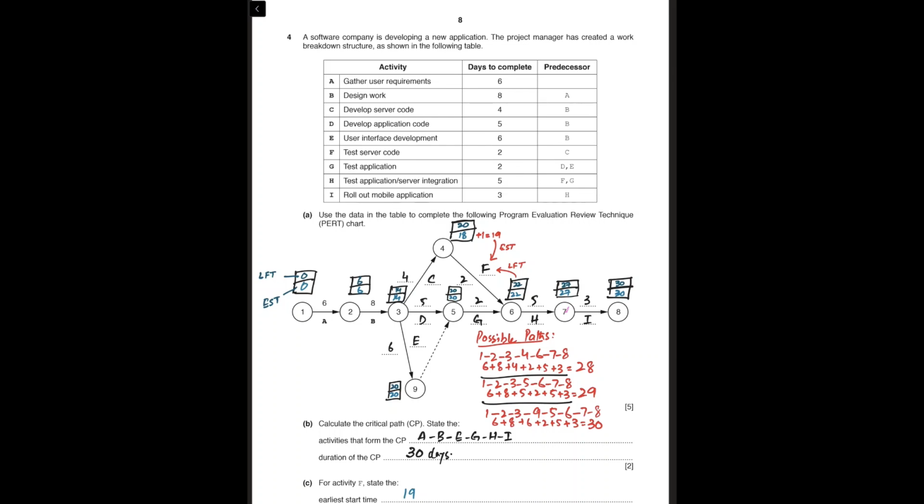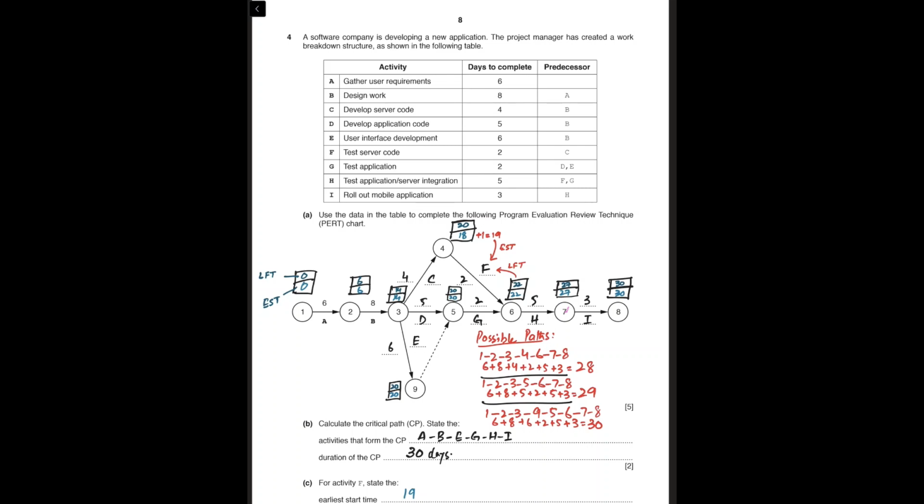So activity A starts without any predecessor, and then we have activity B, which starts after A. We have activities C, D, and E, all three starting after the completion of B, as B is their predecessor.